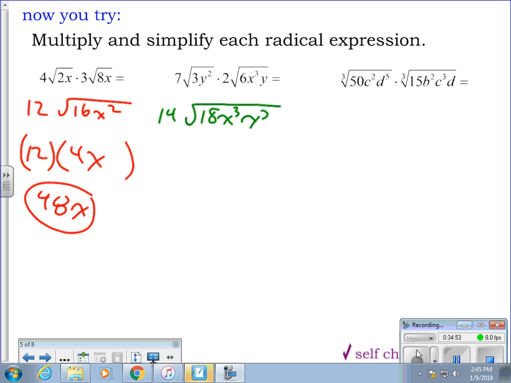So square root of 18, square root of 9, square root of 2, 3 root 2. So I have 3 root 2 times 14. What's 3 times 14? 30 plus 12, so I get 42, and then I have root 2. The 3 that I pulled out times 14 gives me 42.